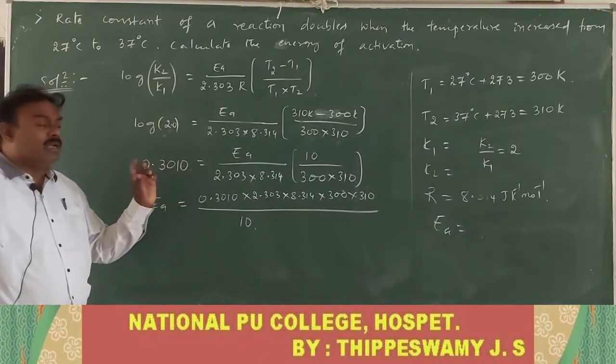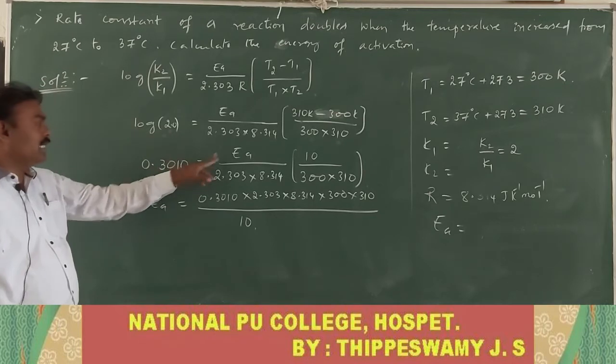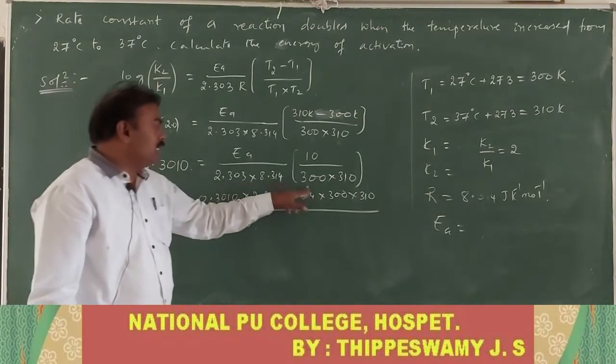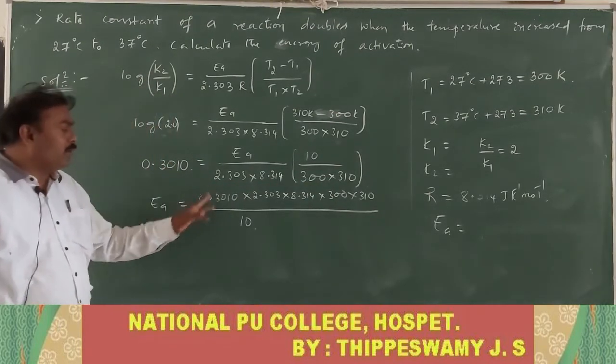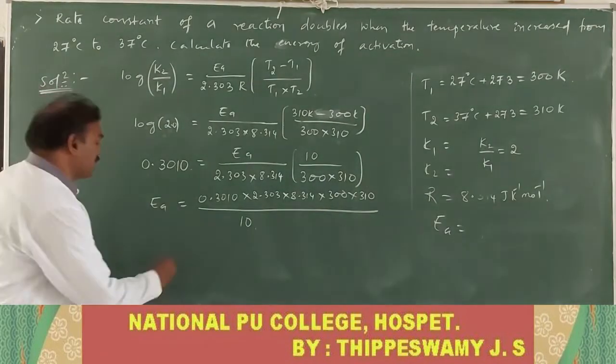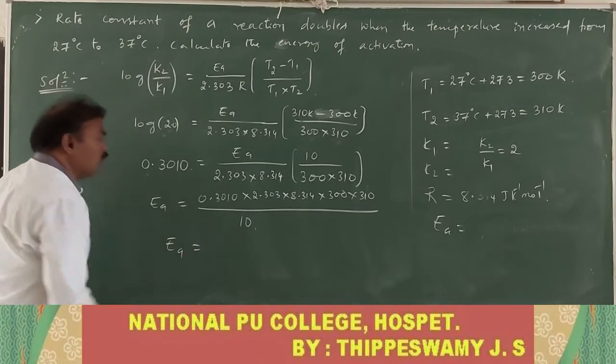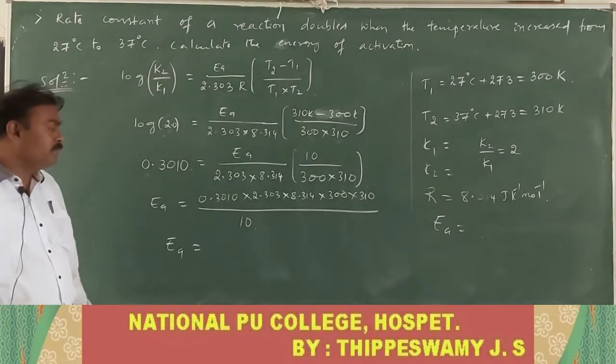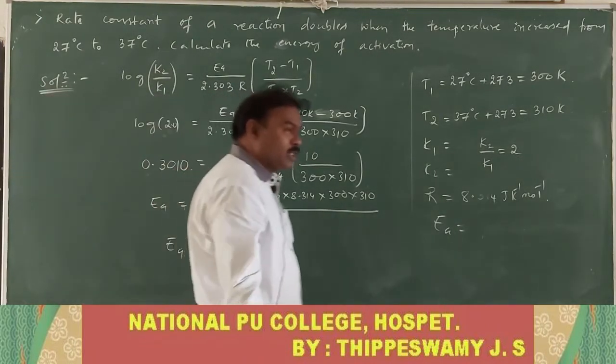You do the calculation like this only: multiply all of these and divide the whole by 10. What is the final answer? Can you tell me? What is the value of Ea? Now, on simplification, you just tell me the answer.